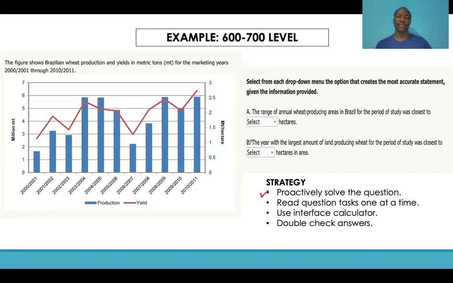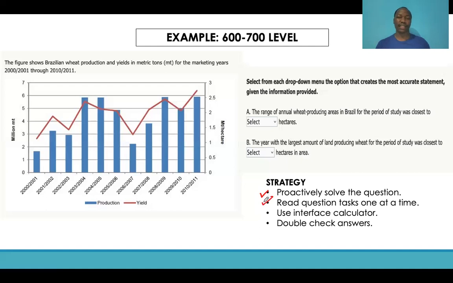Read the questions one at a time, and don't be in a rush. Tackle them one by one. This will help you avoid errors and get the correct answer in a reasonable amount of time. Then, use the interface calculator.